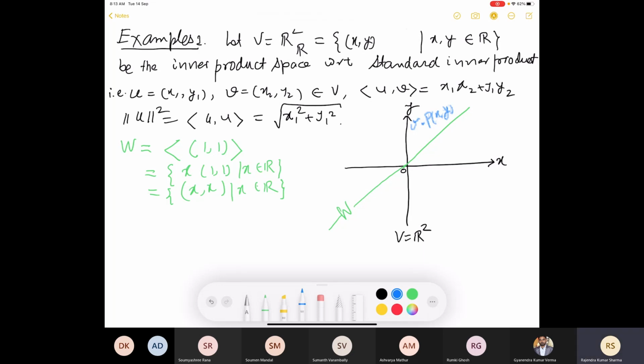And now we see the best approximation of v in V by a vector here in W. What we claim is that if you drop a normal from here, this is the w naught. Let us say this is x naught, y naught. And this is perpendicular. So we claim that such a point will be the best approximation for this.